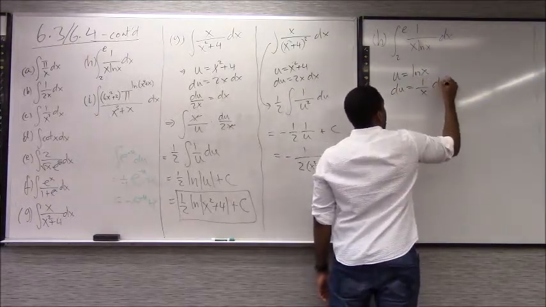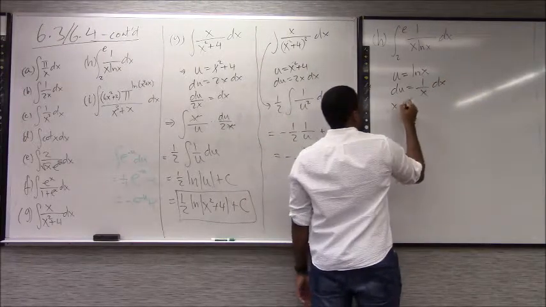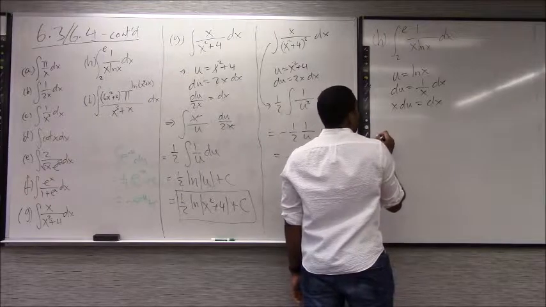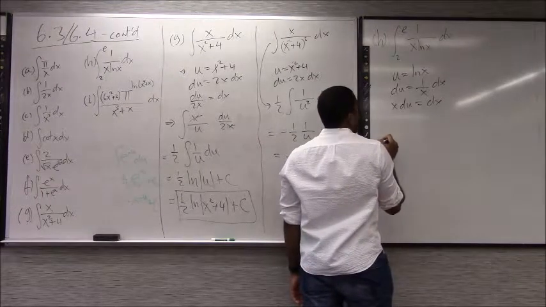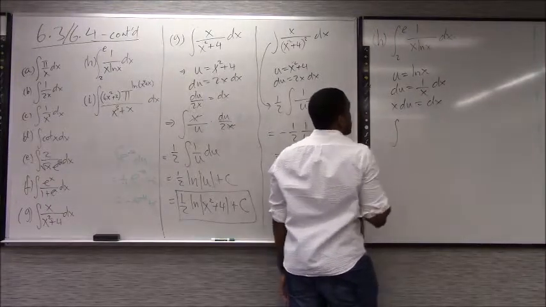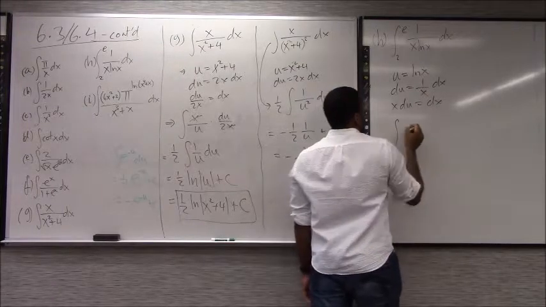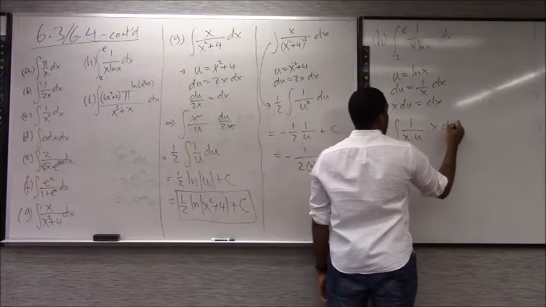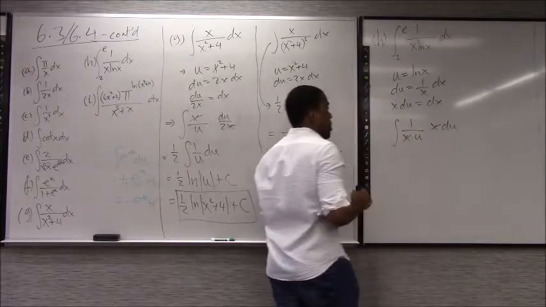The derivative of ln x is 1 over x. And then x du equals dx. And then the x's cancel out, and you have 1 over u du. So we had 1 over x times u times x du. The x's would cancel out.